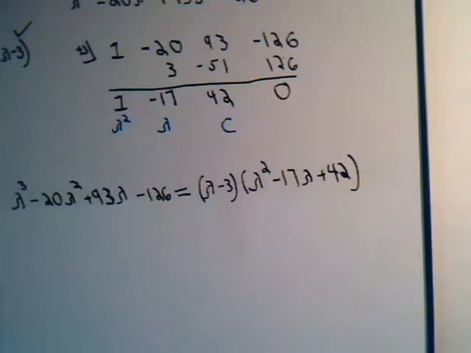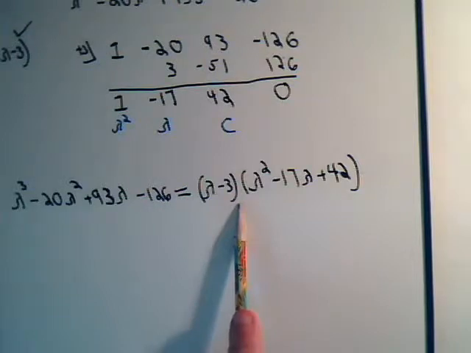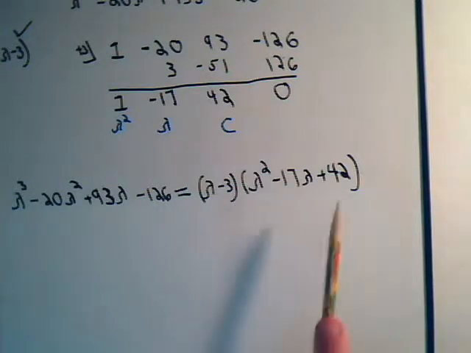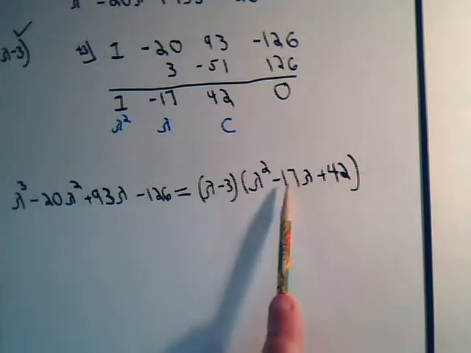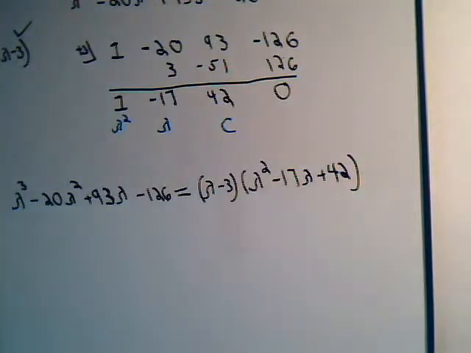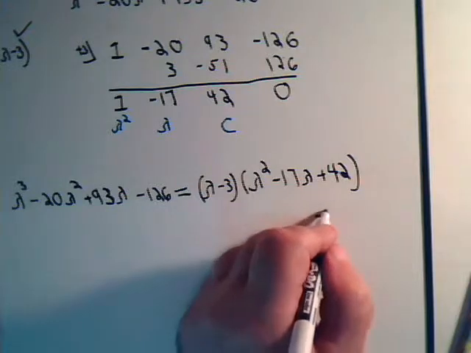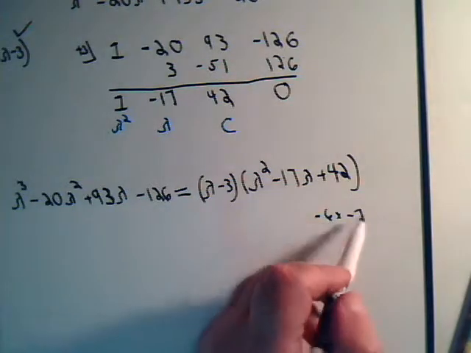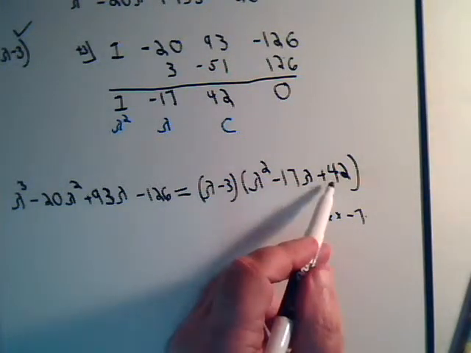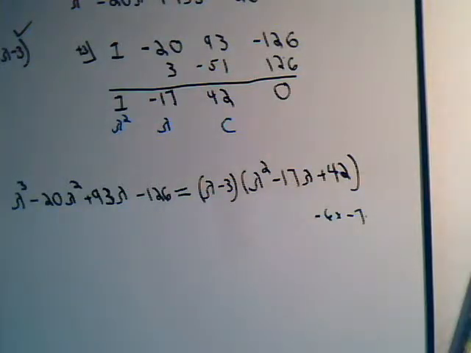Okay, now are there any prime factors that we can break this into? We're looking for two numbers that we can multiply together to give this, and add together to give that. Minus 6 times minus 7 would do it, but those would add to minus 13.